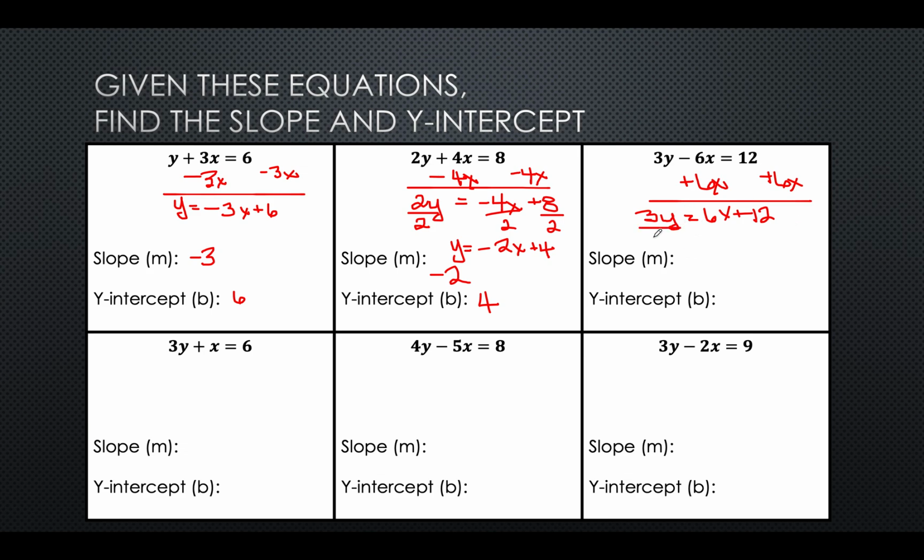So we divide by 3, we divide by 3, and we divide by 3. That leaves us with y equals, now 6 divided by 3 is 2x, and 12 divided by 3 is 4. So what is our slope? y equals m, that is 2, x plus b, that is 4.